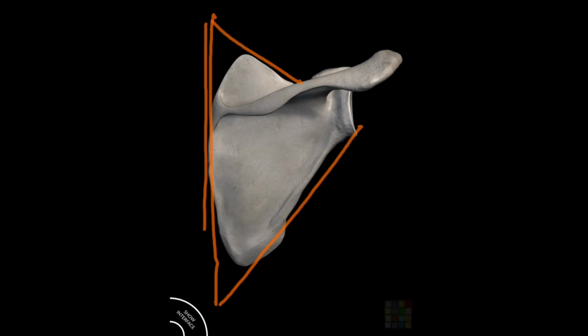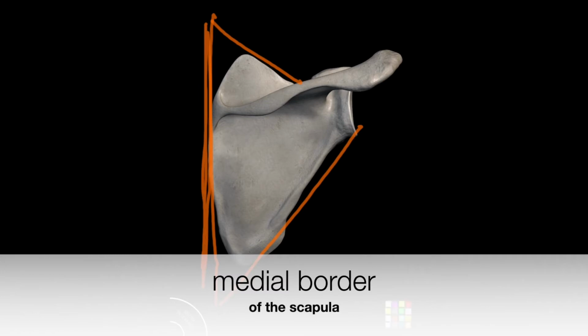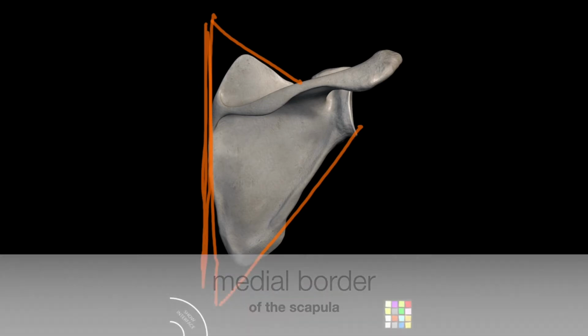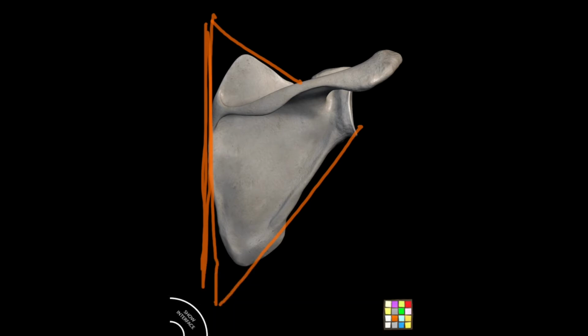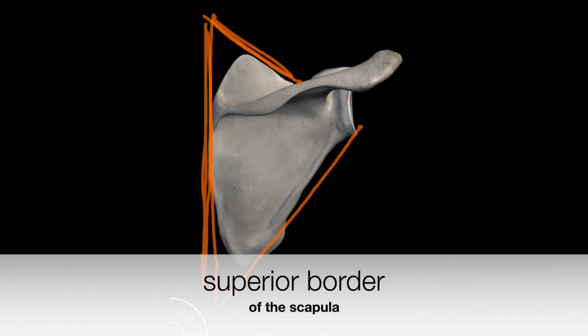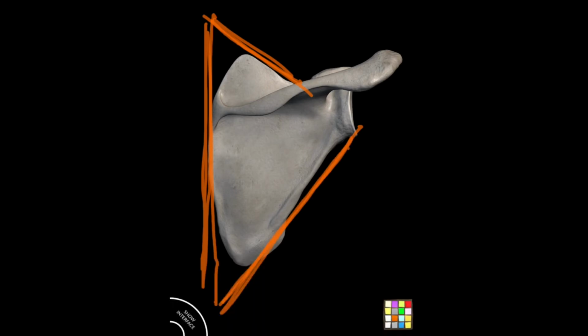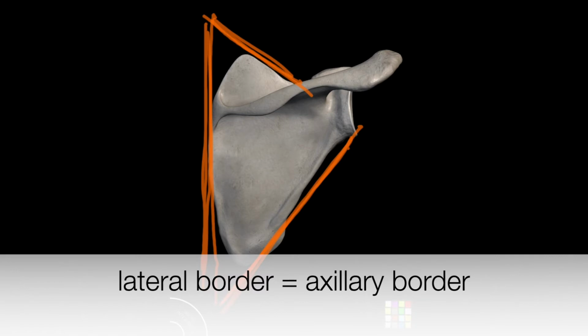So the medial border is the border that is closest to the vertebral column, so that's also called the vertebral border. The superior border is here, and this is the lateral border, which is close to the axilla or axillary space, and so it's sometimes called the axillary border.